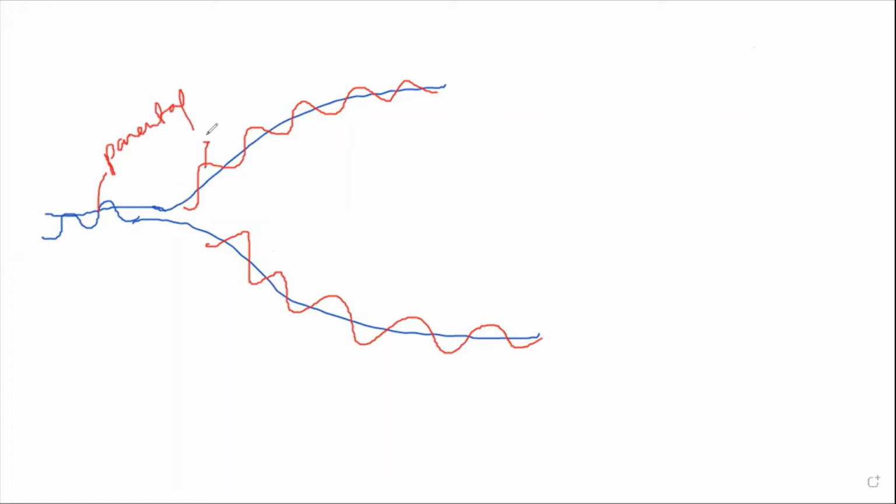Okay, so we know that the replication has happened here. Finally, this is going to be your parental strand, and on it the daughter strand is made. Here also the daughter strand is made. Let us say this is your parental, and the red one is your daughter strand.